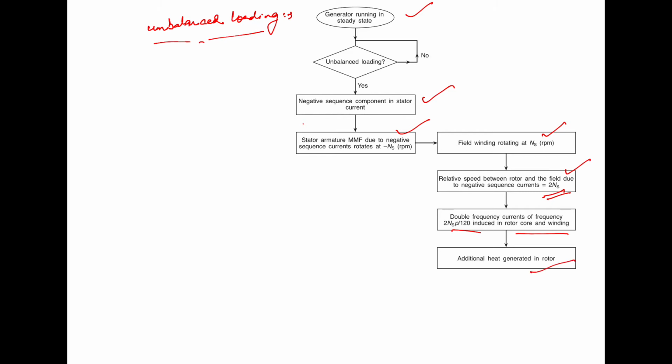As you know, how the heat is generated: the eddy current loss, or the iron loss of the rotor.